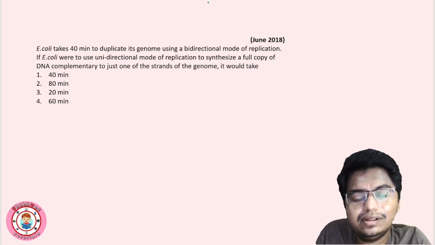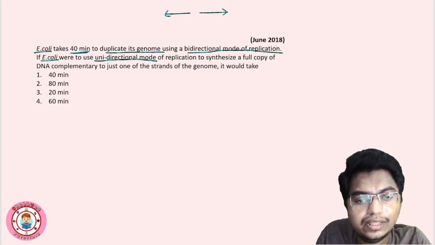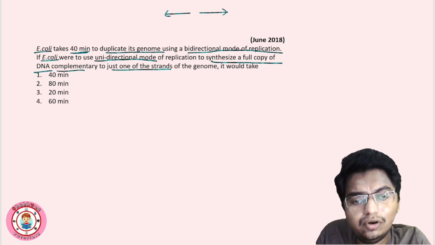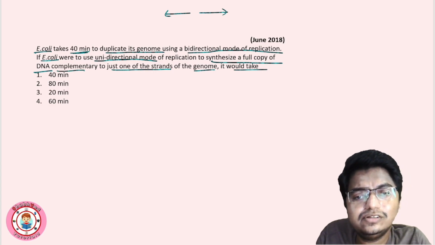Again, the next same type of question. E. coli takes 40 minutes to duplicate the genome using a bidirectional mode of replication. Okay, bidirectional takes 40 minutes. If E. coli were to use unidirectional mode to synthesize a full copy of DNA complementary to just one of the strands of the genome, it would take... See, bidirectional is 40 minutes.